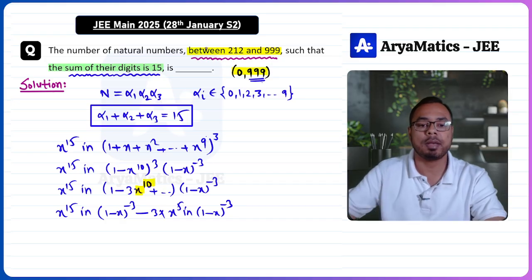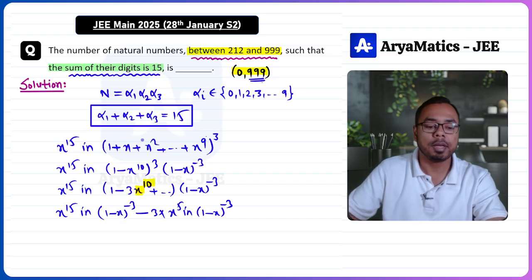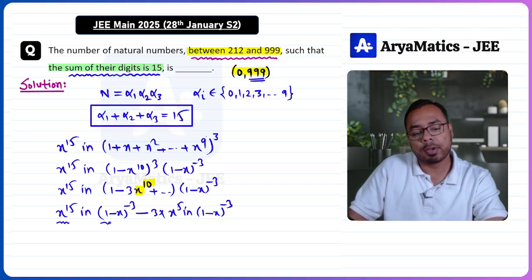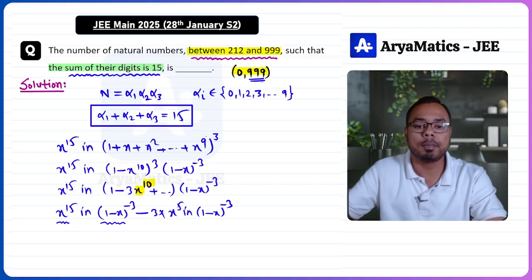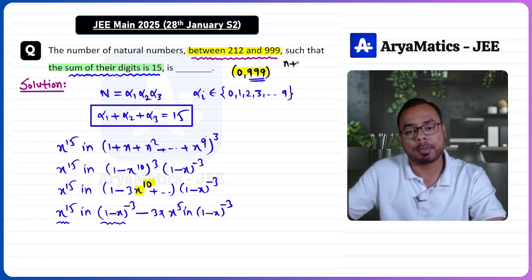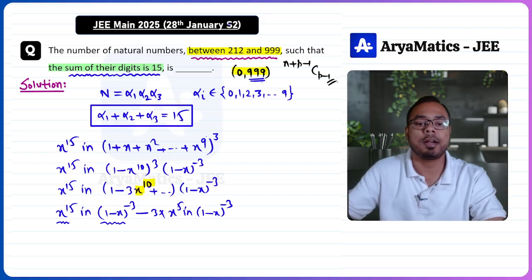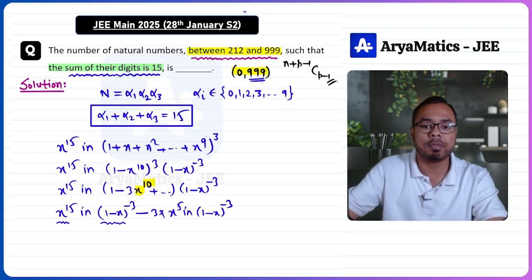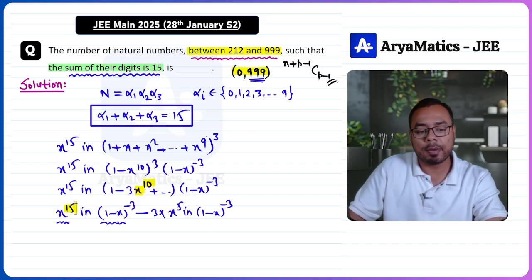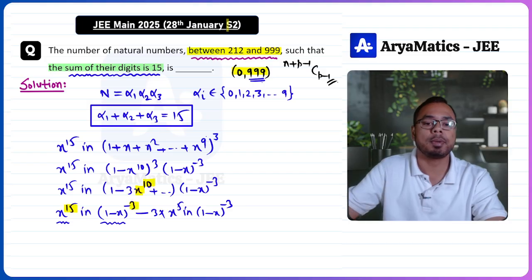And now for this one we have a standard formula. If I need the coefficient of x raised to n in (1 minus x) raised to minus p, then the formula is (n plus p minus 1) C (p minus 1). This is the standard formula for finding the coefficient of x raised to n in (1 minus x) raised to minus p.